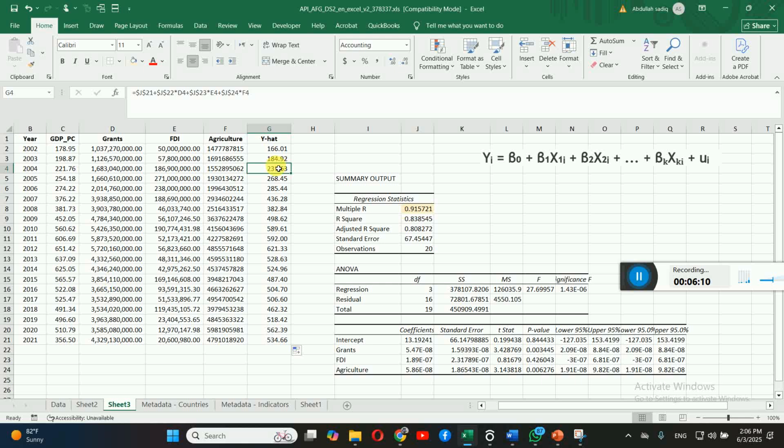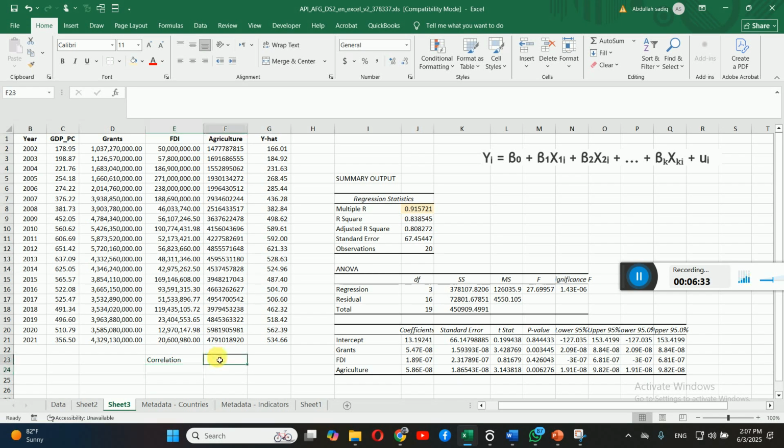Okay, now we are coming to our point here. That is multiple R. Multiple R is just checking whether the actual Y, which is GDP per capita, and the predicted Y are related or not. And what is their correlation value? Simply, we have the function of correlation. If you remember, we have already discussed it.